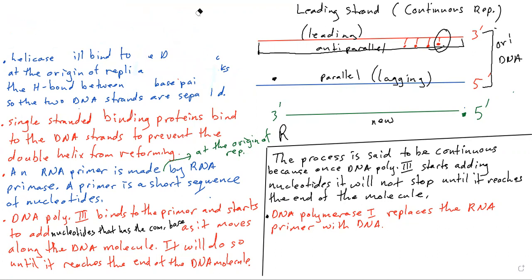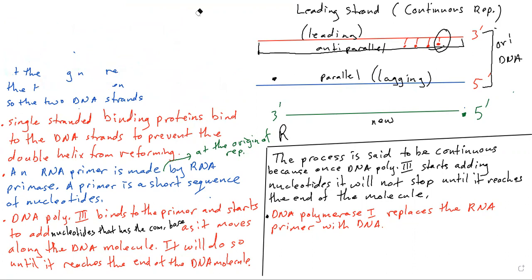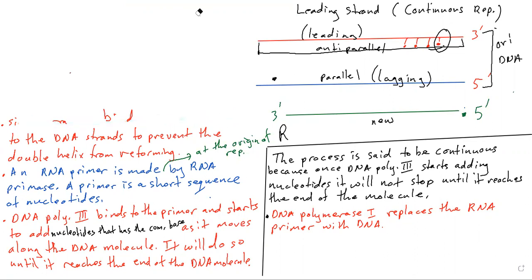All right, so we are finished with continuous. We're going to do discontinuous. All right, so let us look at why it is discontinuous. Remember, new DNA is made 5' to 3' in the direction that DNA replication is taking place.